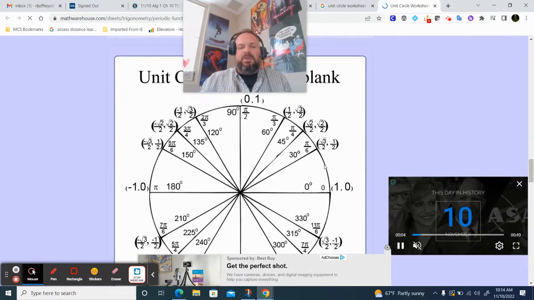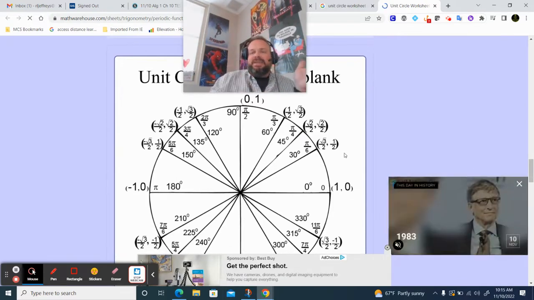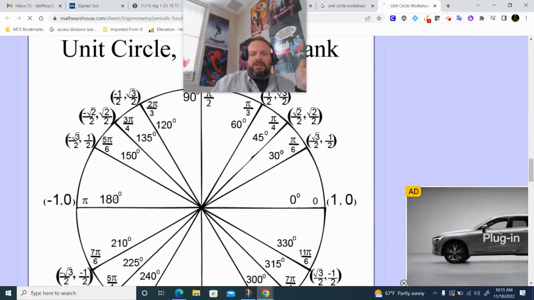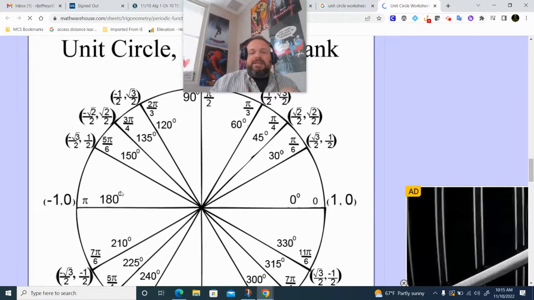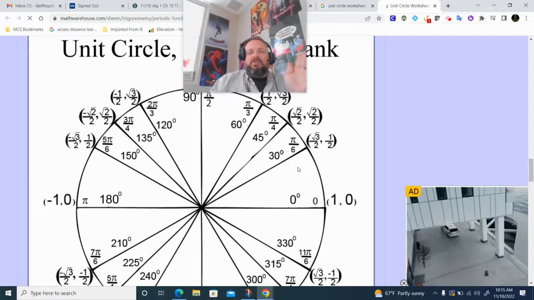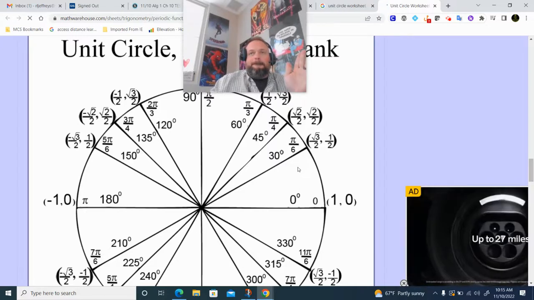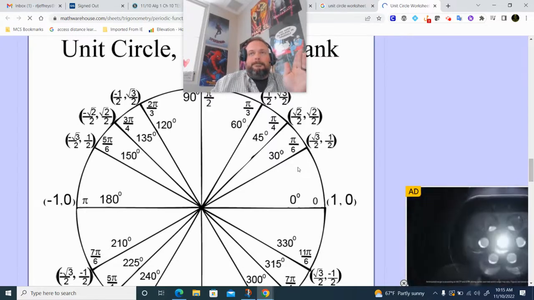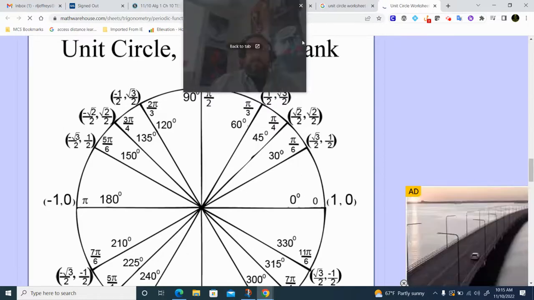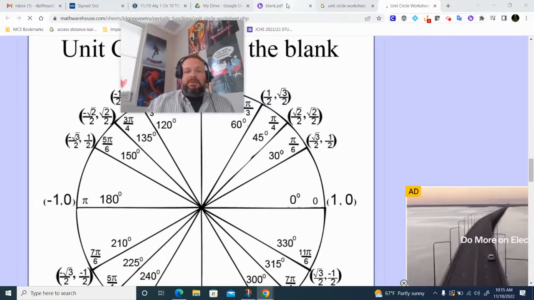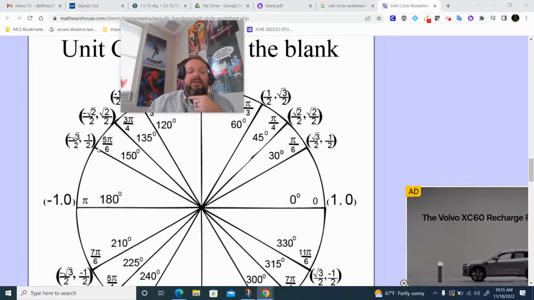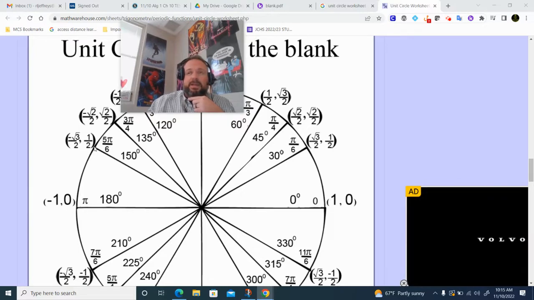Okay, so let's look over here. Because that 1/2 is positive, that means it's going to be in the first and second quadrant. What two radians, that means the pi over a number, have a y value of 1/2? Pi over 6 and 5 pi over 6. See, pi over 6 has a y value of 1/2. 5 pi over 6 has a y value of 1/2.